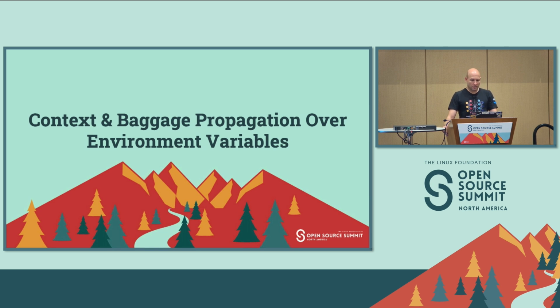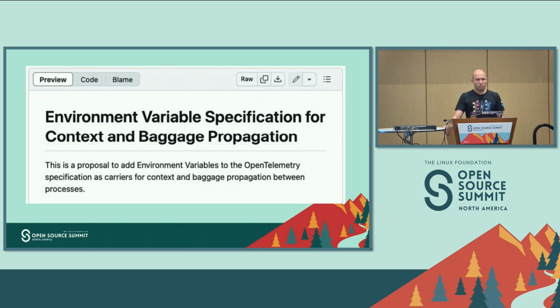Another area that we've worked on at the SIG was specifications for context and baggage propagation over environment variables. So passing context between microservices over the network, this is something very well described, very solved, very standardized problem. You do that whether over HTTP or over gRPC, usually with headers that are very well-known specs for those.